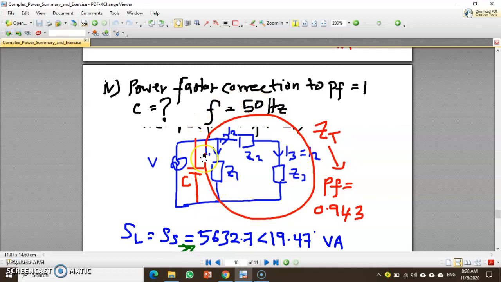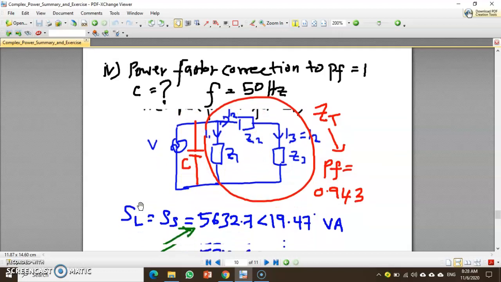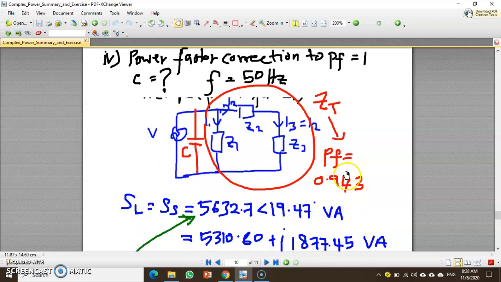We have S load, which is equal to S supply. In order to improve the power factor to unity, we need to connect a capacitor in parallel with the total load, here for example. Previously we have a power factor equal to 0.943, so we need to increase it to 1.